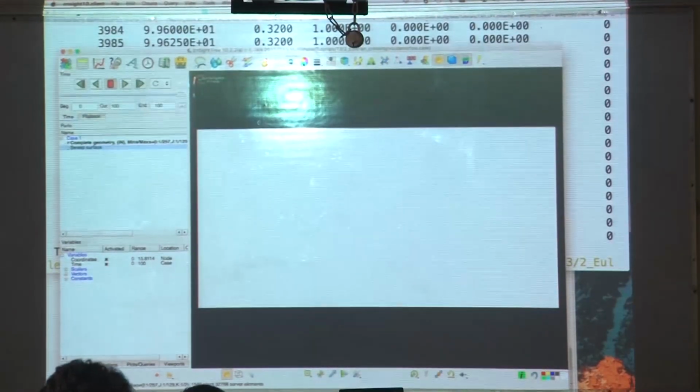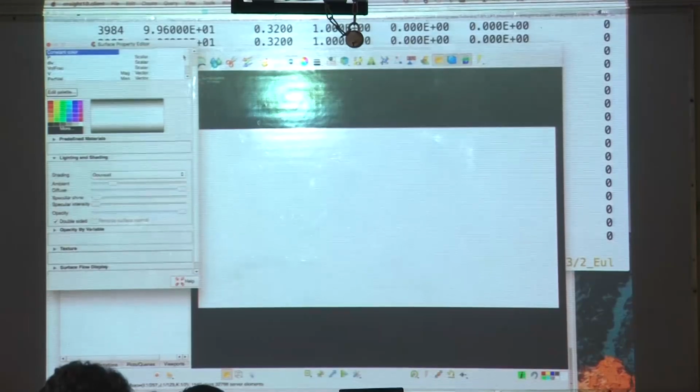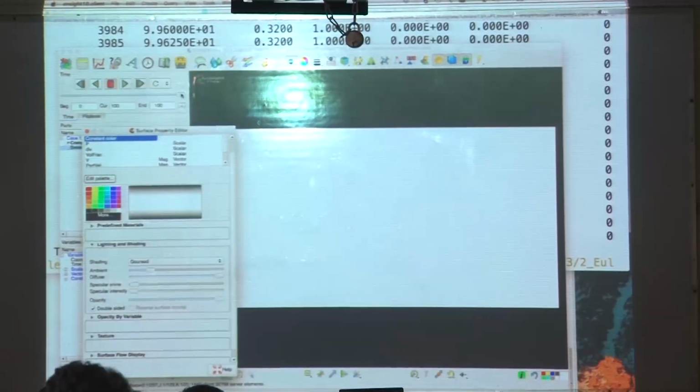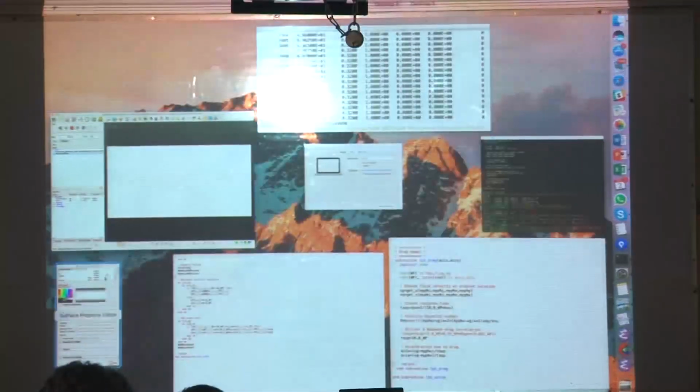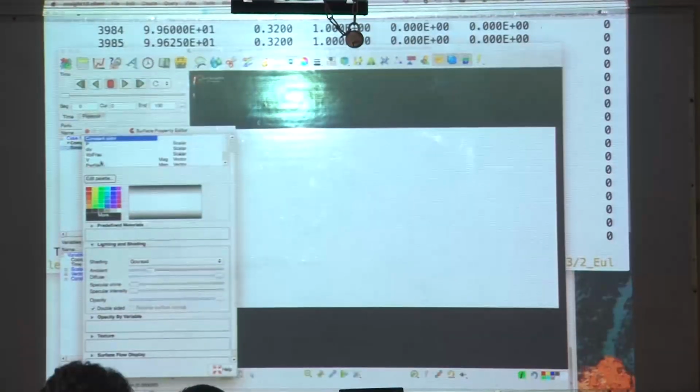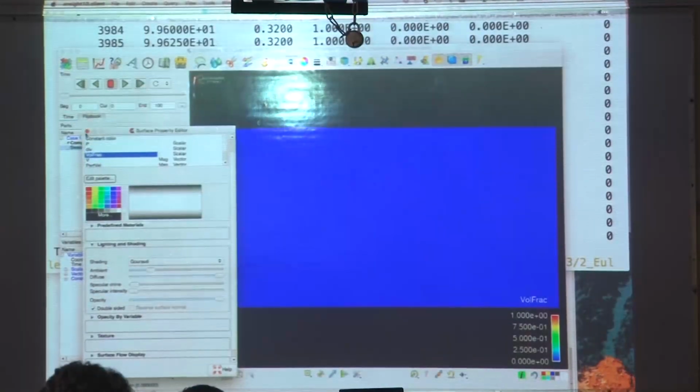So probably the most natural thing for us to look at is the volume fraction.